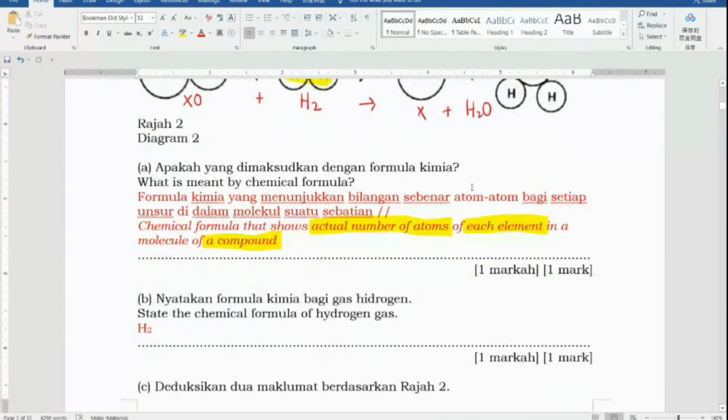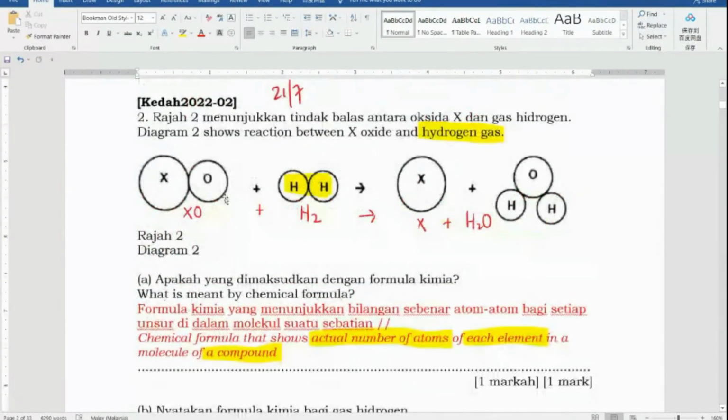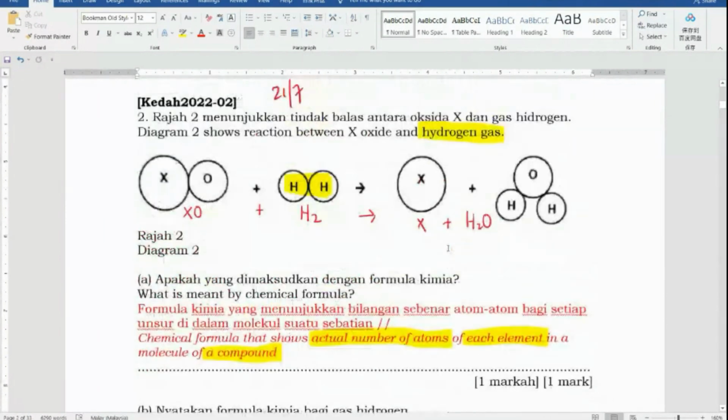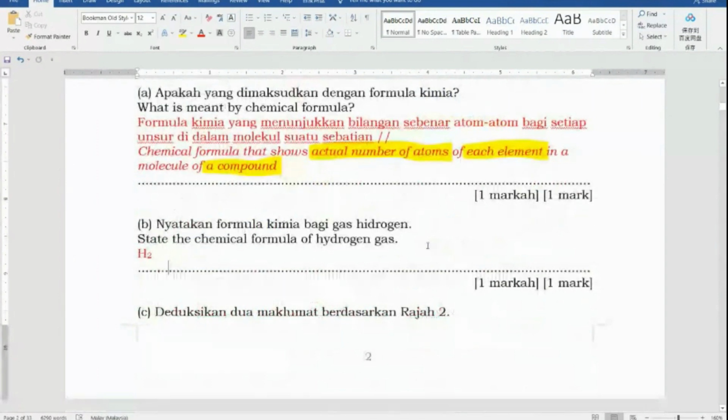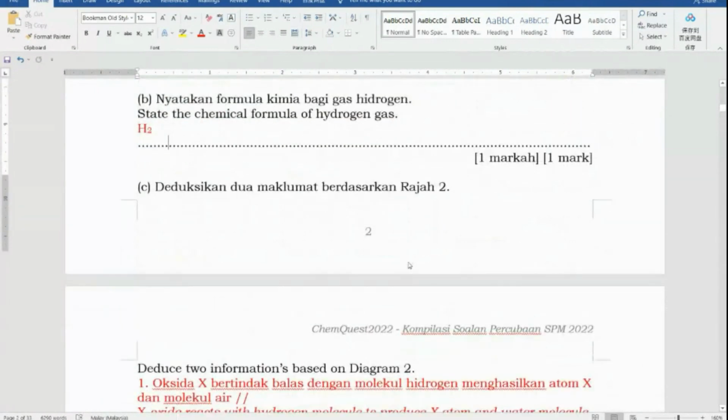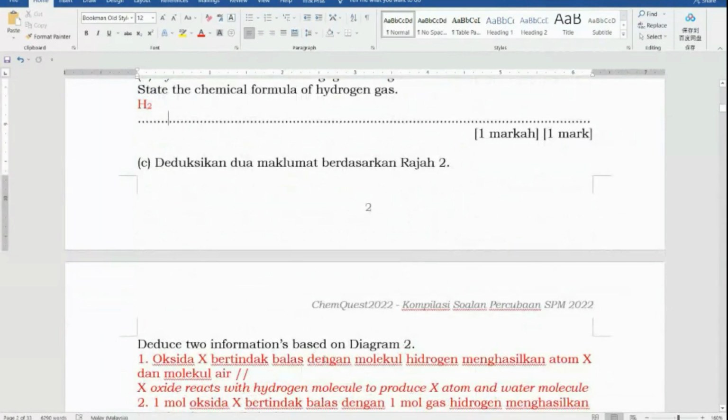What information can you see? You will write like this, right? So normally, what can you write, class? Remember, there are a few things you can write. You can write X oxide reacts with hydrogen to produce X atom and water molecule. This one is the first one.